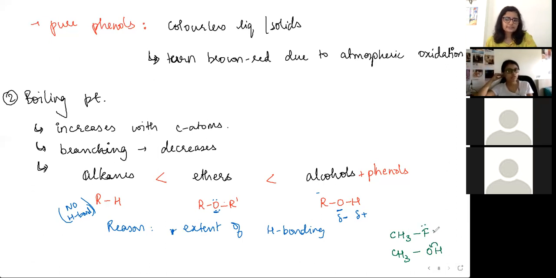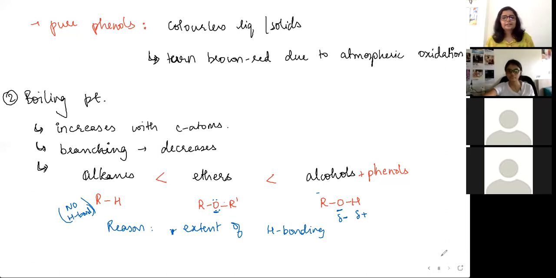Fluorine has high electronegativity, but these hydrogens are bonded to carbon, not directly bonded to fluorine. So alcohols and phenols will have a higher boiling point due to the greater charge separation. In the end, they have a larger separation than most of the hydrocarbons out there.